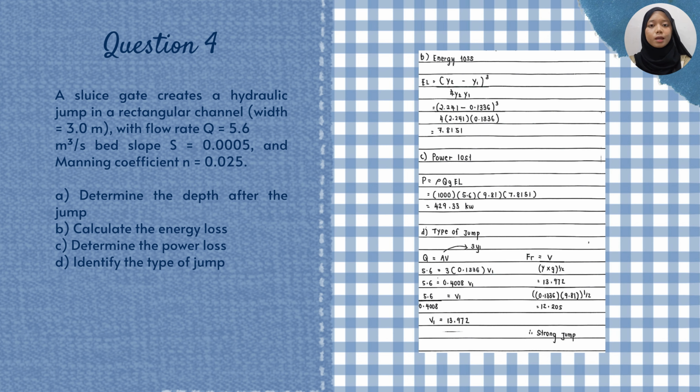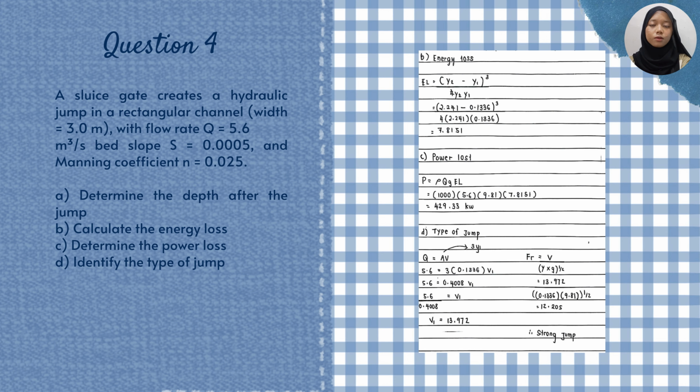Now we want to make V, our velocity, the subject. So 5.6 over 0.4008, and we'll have 13.972 as the answer. Now we are going to use the Froude formula, which is V over (y times g) to the power of 1 over 2.